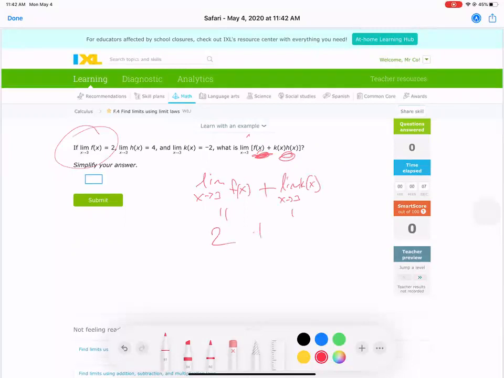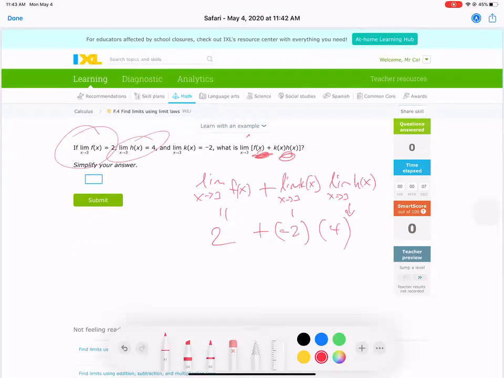We know that's going to be -2. The limit as x approaches 3 of h of x. Well, that over here is 4.